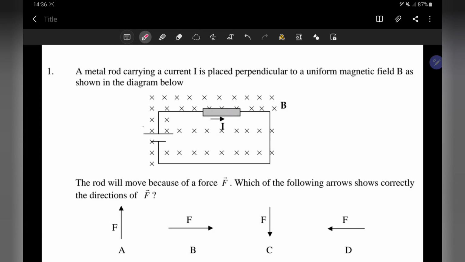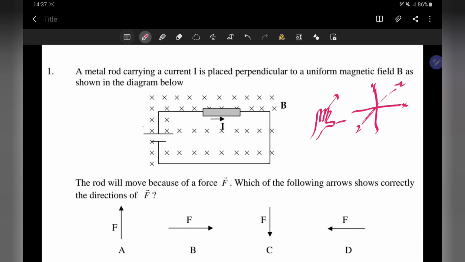Again, by using our palm rule, this is the hand, these are our four fingers, and this is our thumb. In 3D again, this is x, this is y, and this is z. Our B is directed into the page, following the negative z axis.